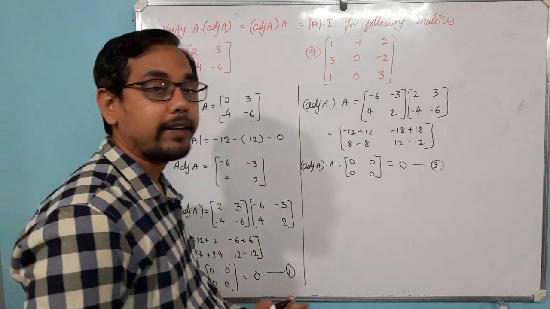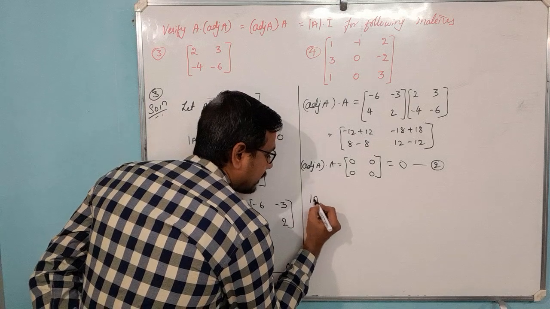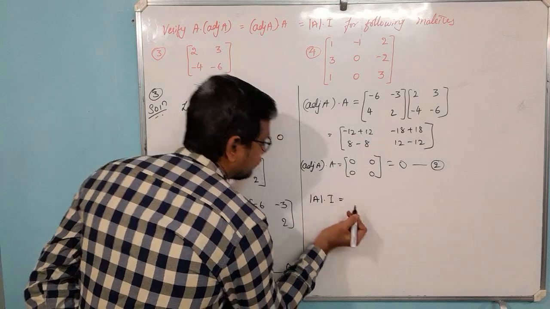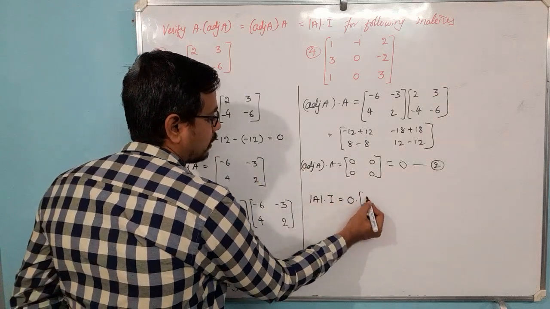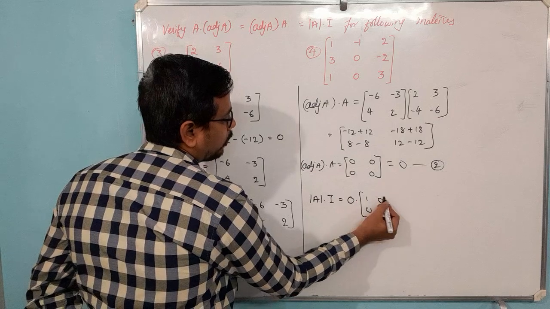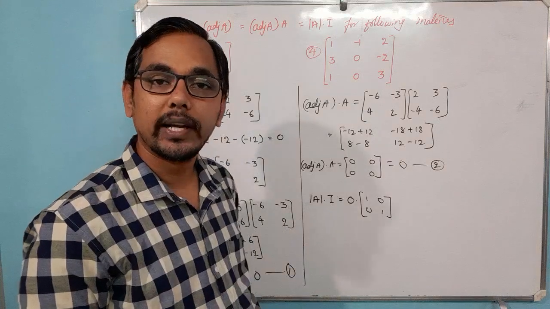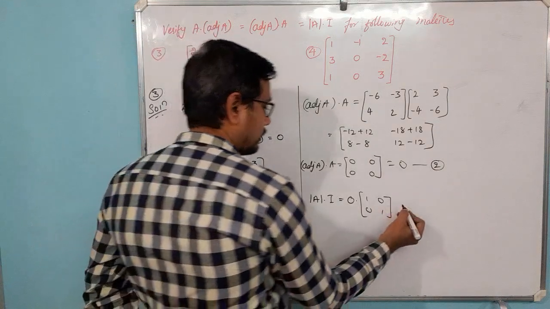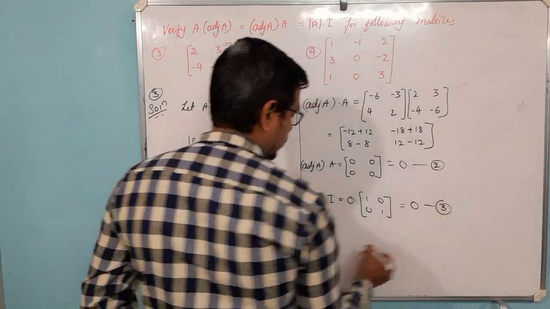So till now it is fine. Let's see what determinant A into I will be. What is determinant A? 0 into I, that is 1, 0, 0, 1. So determinant A into I is 0. 0 into I is 0.